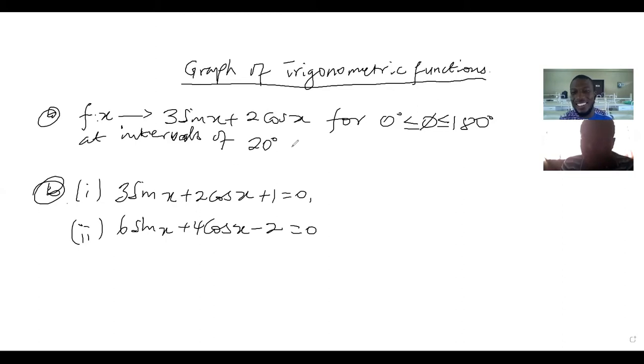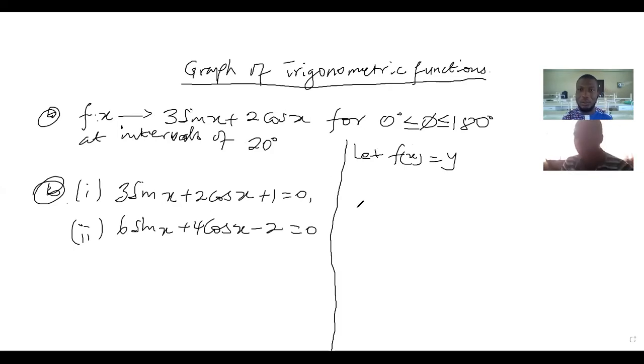Because I haven't taught you graph before, I will tell you some of the basic things you need to know about graph. I'm sure you know most of them already. For example, as an elective math student, you know you can let f of x be equal to y, the dependent function or the dependent variable.